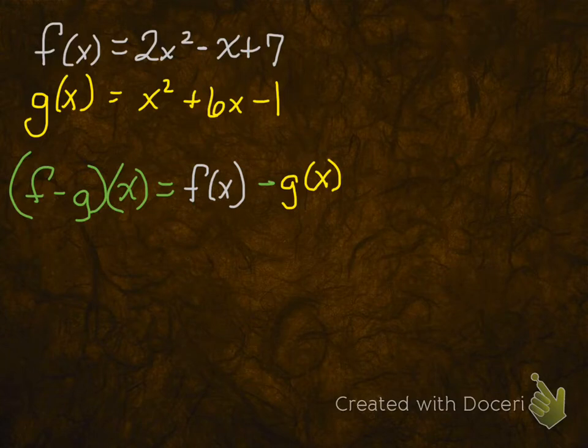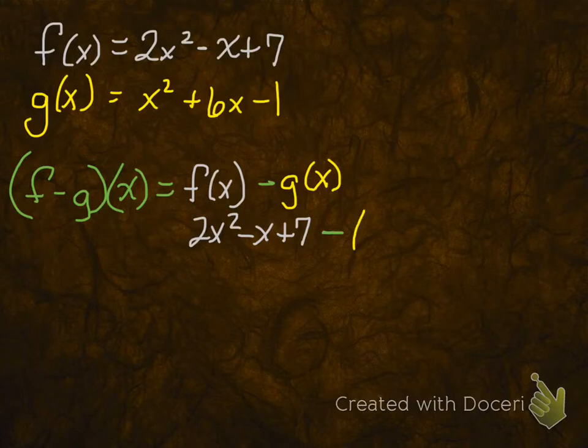So again, we're doing the same thing, but this time with subtraction. So 2x squared minus x plus 7. Again, like I said earlier, I want to go ahead and use those parentheses in my second one. That way, whenever I'm distributing, I remember it has to go to every single term, and every term is going to change signs.